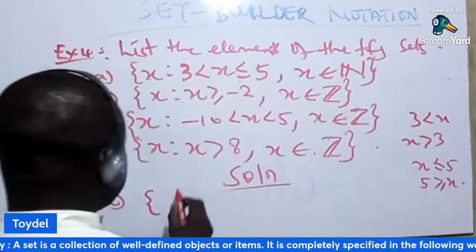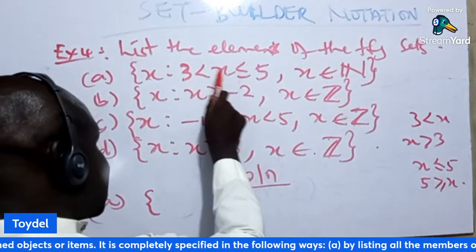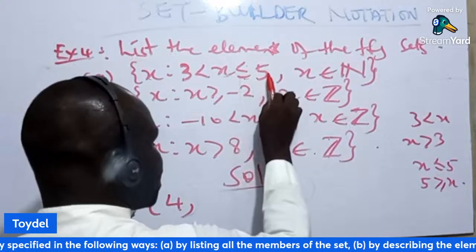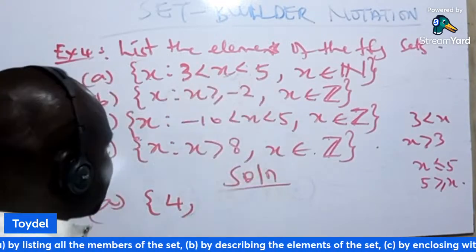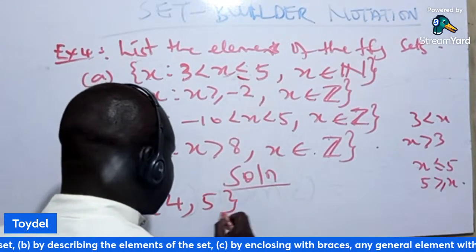So the element will start from 4. But x is less than or equal to 5. Had it been less than 5, it's only 4 that we have in that set. But since we have equality, we can include 5. And that is the set.